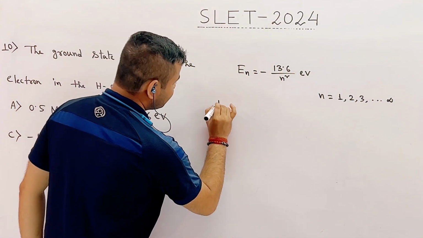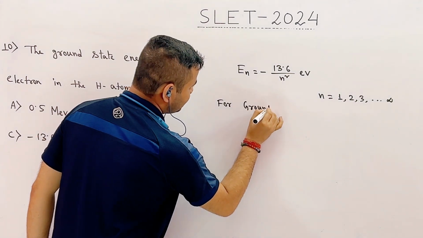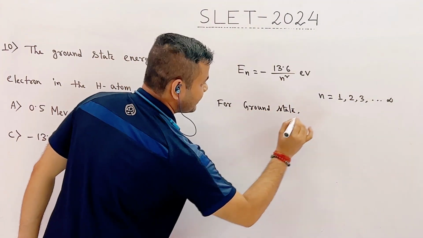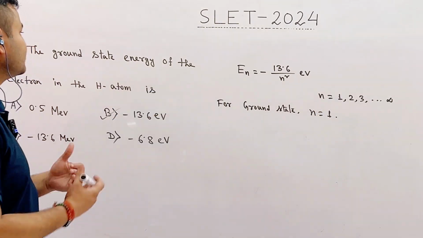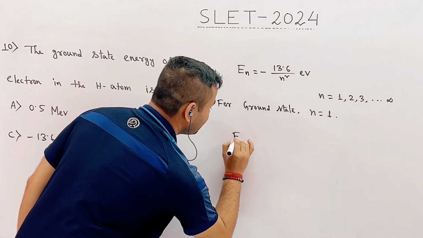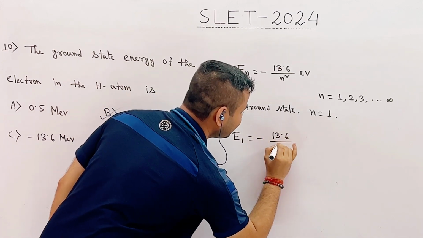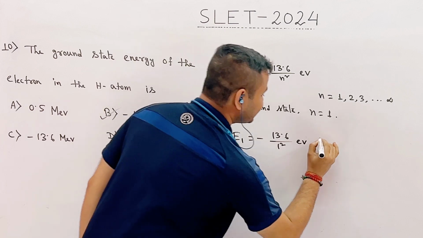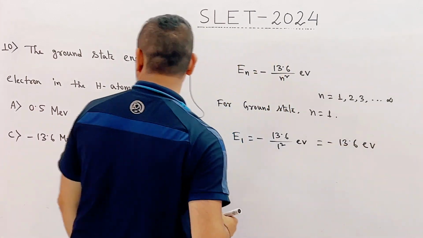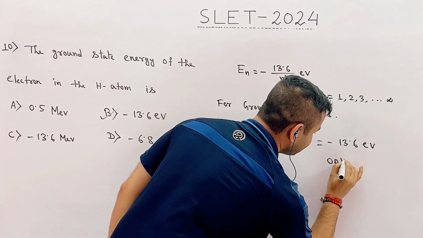For ground state, n equal to 1. So therefore, the ground state energy of the electron in hydrogen atom will be E1 equal to minus 13.6 divided by 1 square electron volt, which is minus 13.6 electron volt. So option B is the correct answer. Okay?